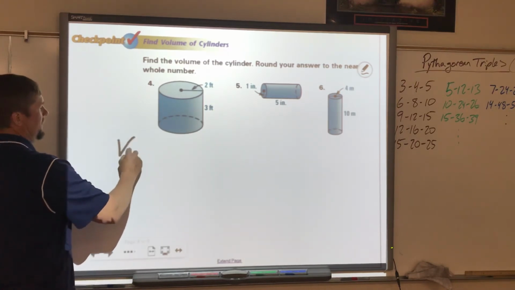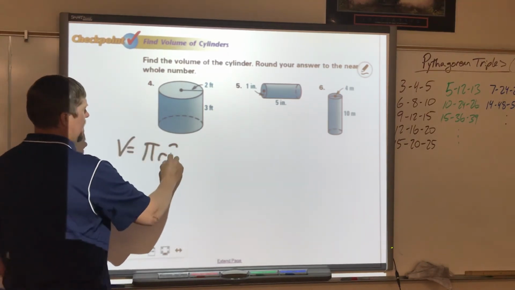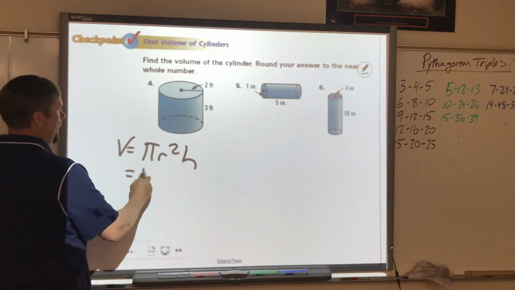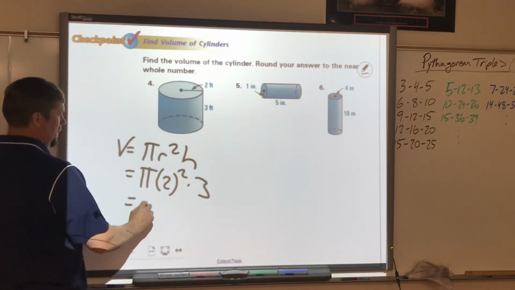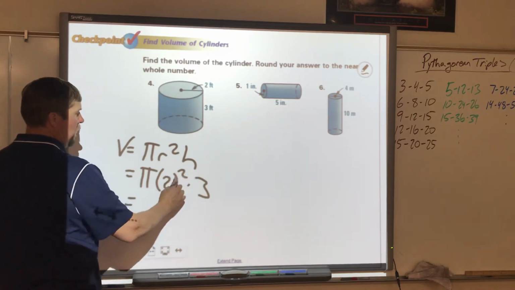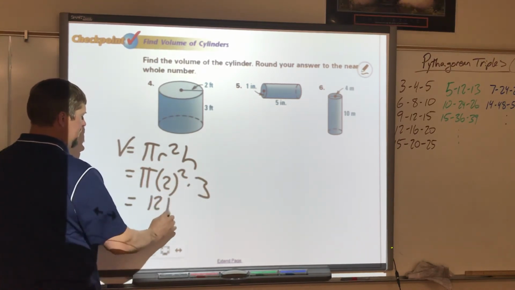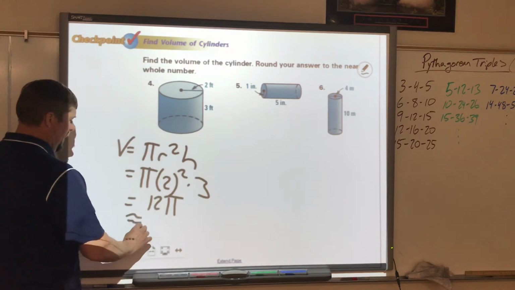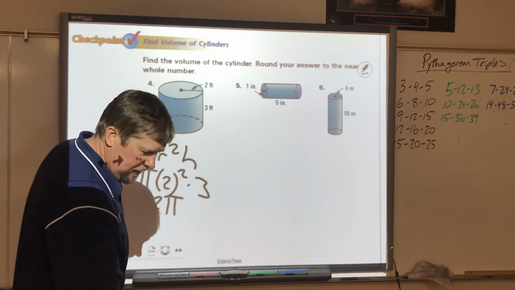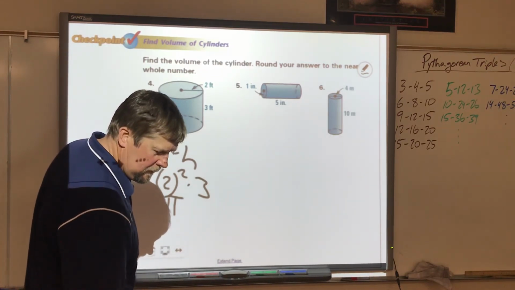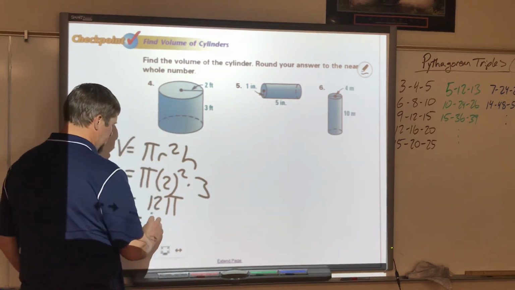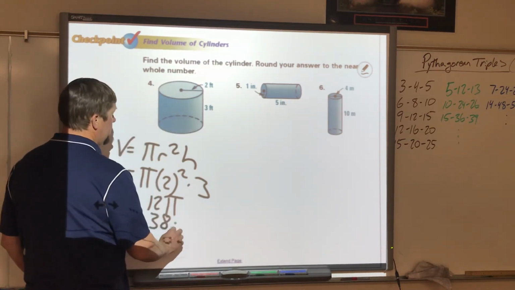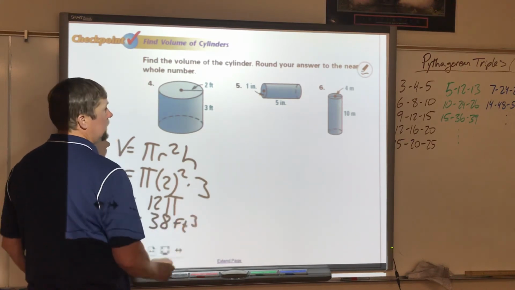Well, the volume of this one is pi r squared h. So pi times 2 squared times 3. This is 4. 4 times 3 is 12, which is approximately 12 times pi is 37.7 or 38 feet cubed.